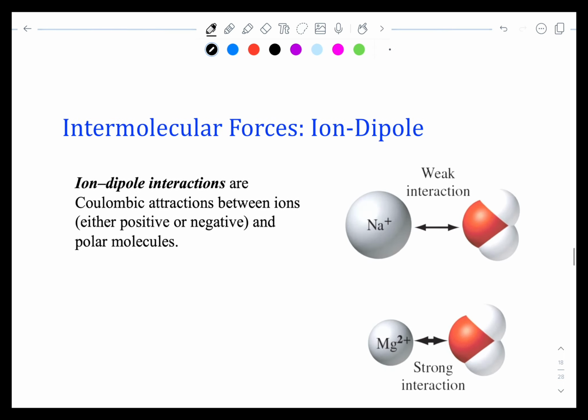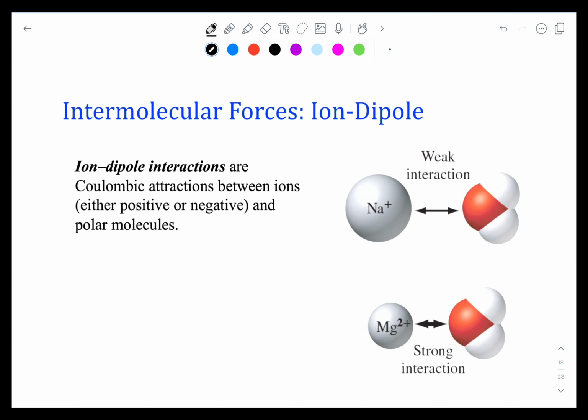Okay. The last intermolecular force is ion-dipole. And this is specifically for interactions between ions and polar molecules, specifically water. Okay, so our other types of forces, we were talking about two of the same molecules, two like HFs, two HCl's, whatever it is.